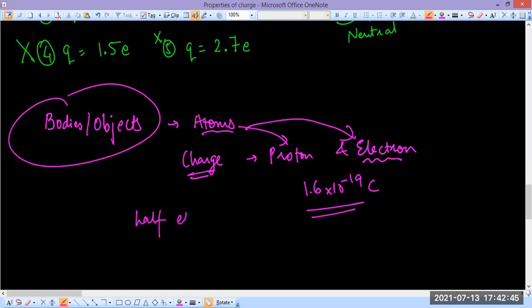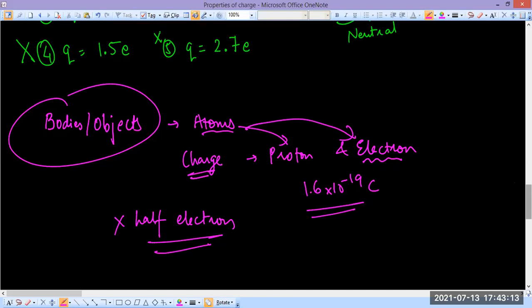You get what I'm saying? You can't have half an electron. That is a simple way to explain why there is quantization. But again, let me tell you, this is not the perfect way, but yes, we can get some idea about it like this, because half electrons or half protons don't exist.